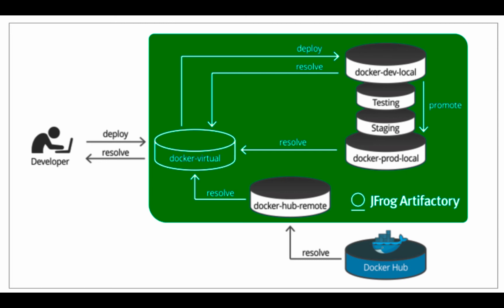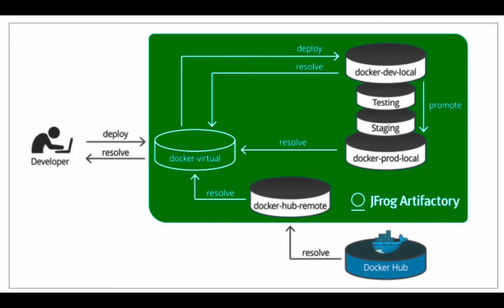So if you have a QA environment now that only should see staged artifacts, the only registry it will know about is this one. So it will never test images that are still not mature enough to get there, because it won't know about that.